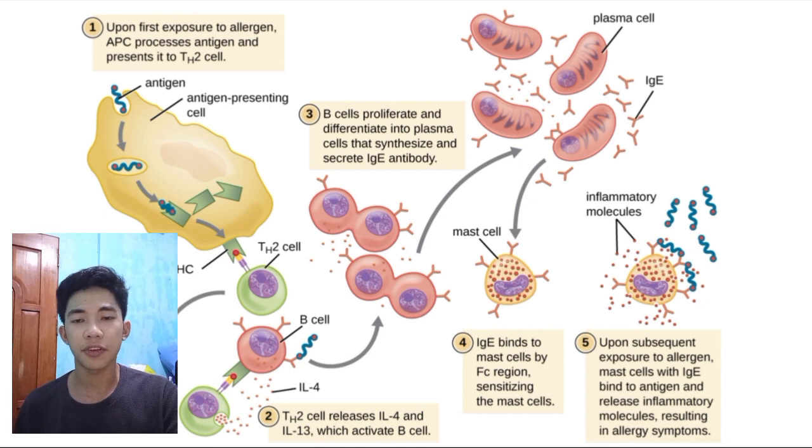So after the initial exposure, if the individual is exposed to the allergen again, the allergens would bind to the IgE antibodies, and as a result, the mast cells will release the chemicals that they contain, and these chemicals lead to allergy symptoms like inflammation of the skin.